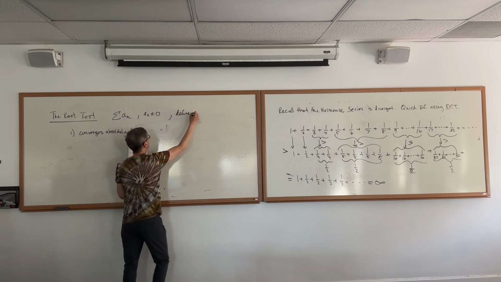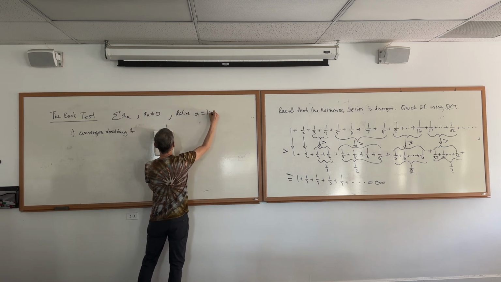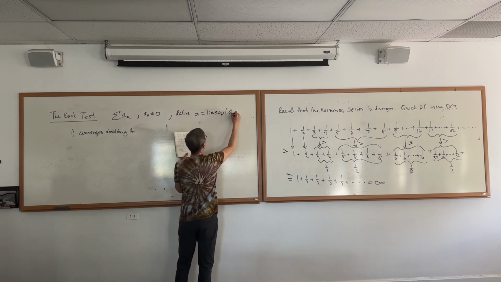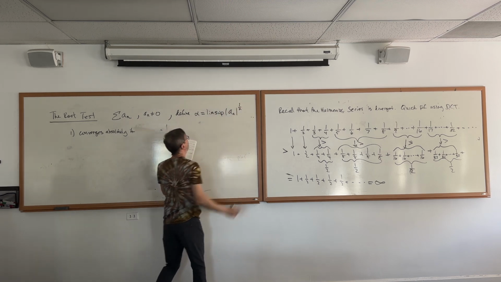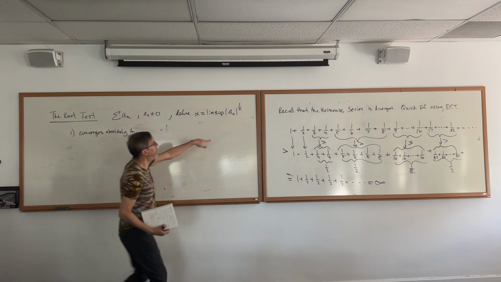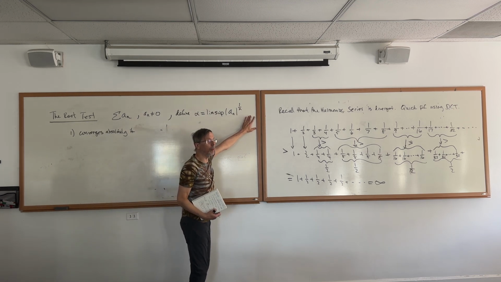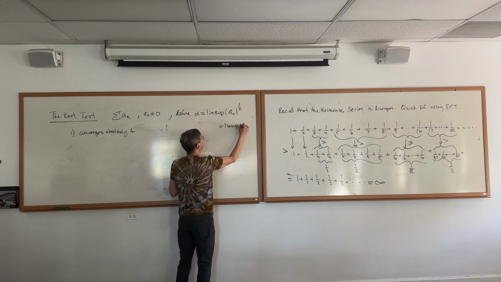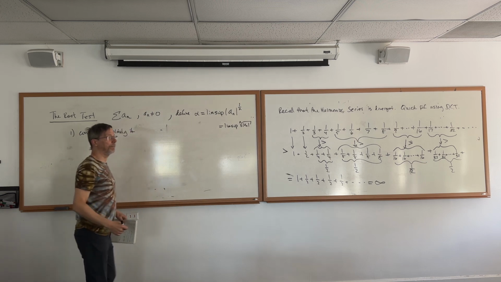Define alpha equals the limsup of the coefficients a sub n, their absolute value to the 1 over nth power. So here we're taking roots. That's why it's called the root test.